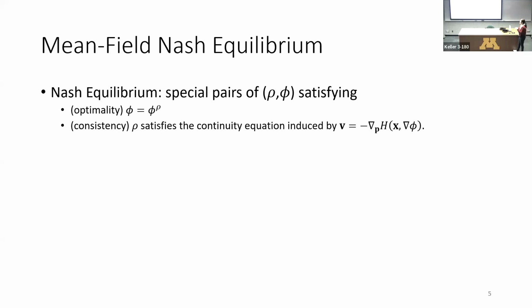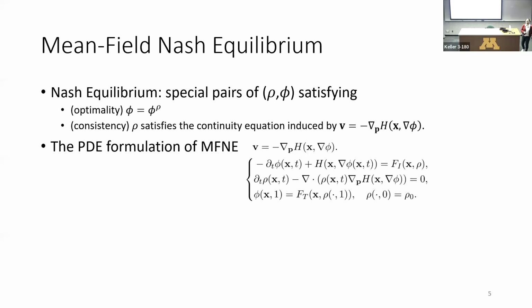And at the same time, the optimal control induced by this phi will give you exactly the density rho. So that means if the players don't change their trajectory, don't change their control at the same time, then they will not change the rho and phi. This is the equilibrium point.